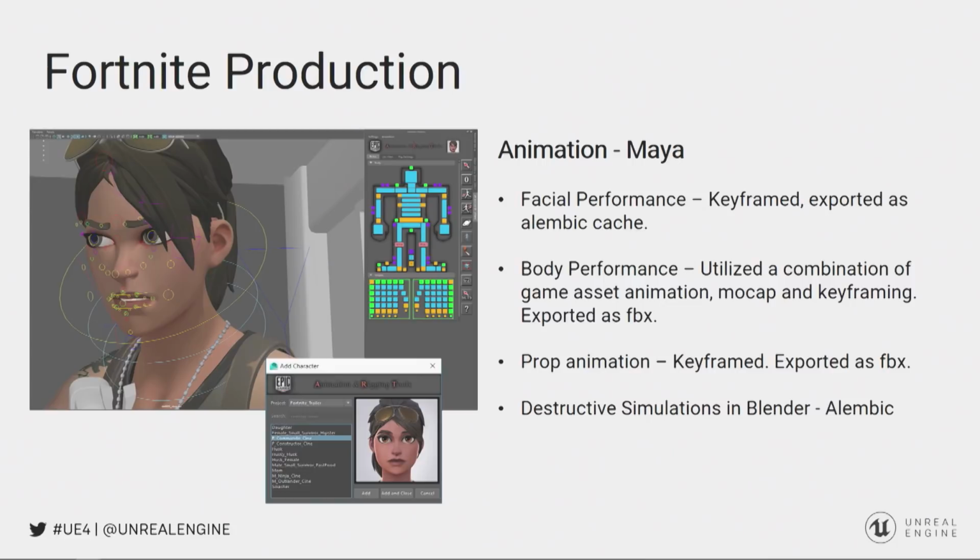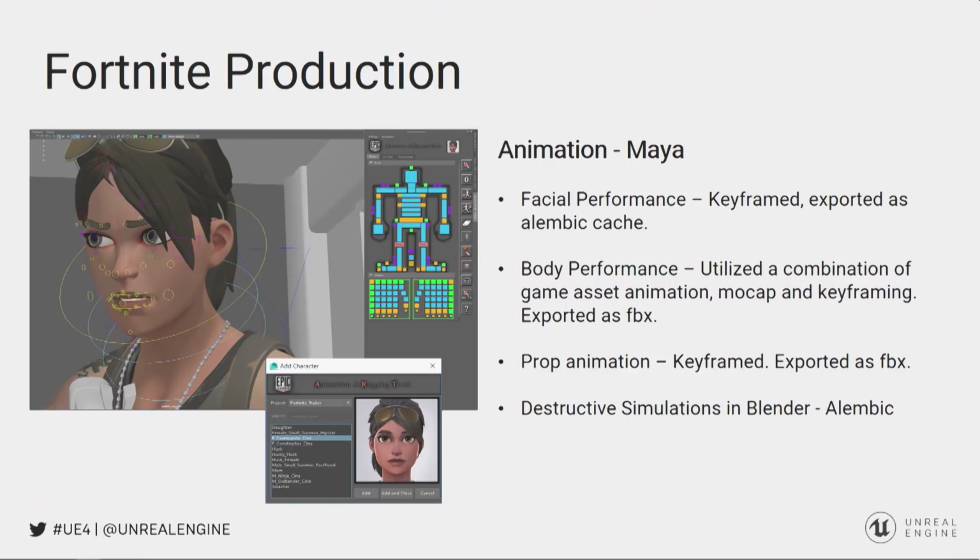The facial performance was keyframed and exported as Alembic. The body performance was a combination of either game asset animation that we had from Fortnite, or it was mocap data that we used from the first unit previs process, or we used keyframing. It just depended upon the specific situation.